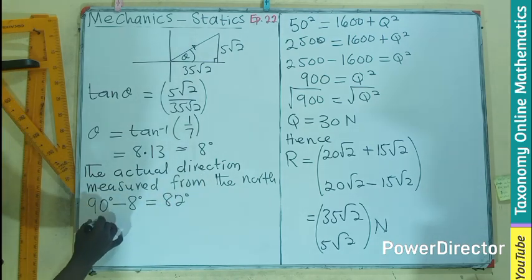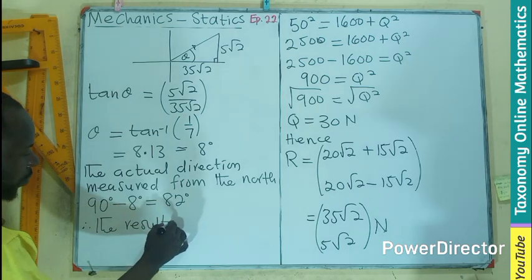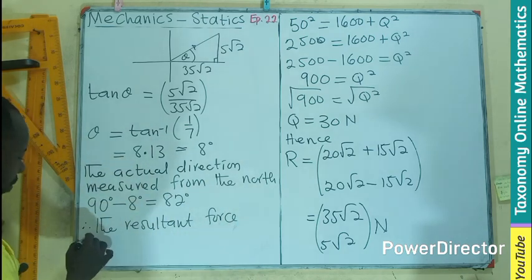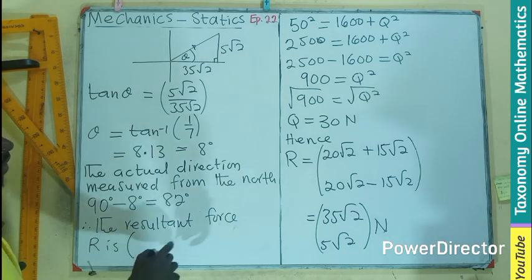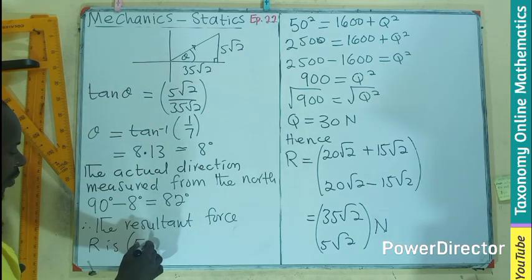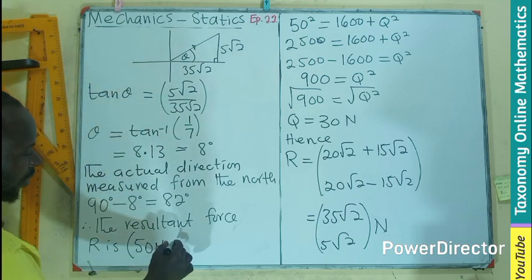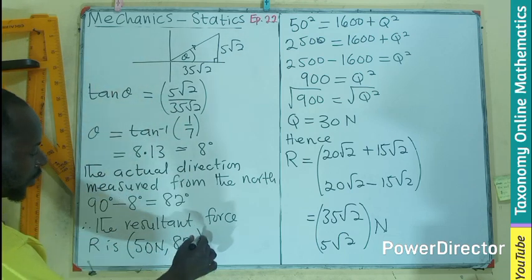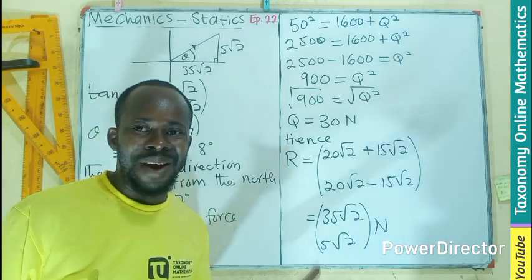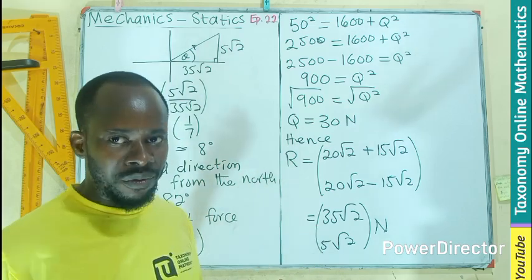So therefore, our resultant force, which is R, is going to be, what is the magnitude we found? It was given to us as 50 Newton. What is the direction? 82 degrees. So this becomes the actual representation of the resultant force in terms of magnitude and direction form.